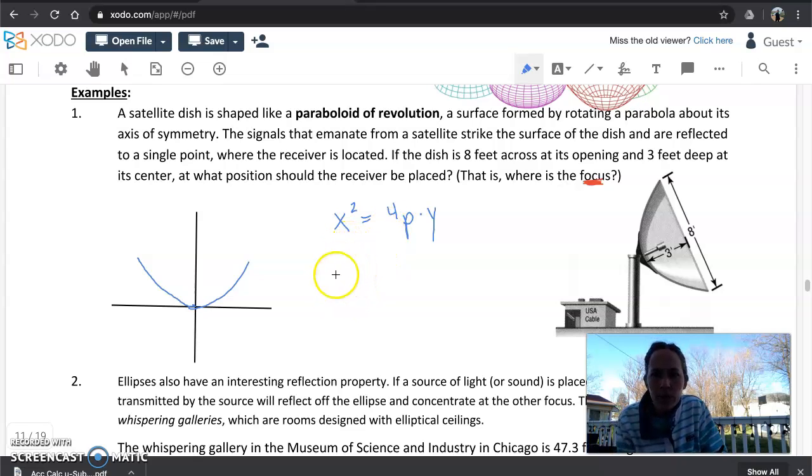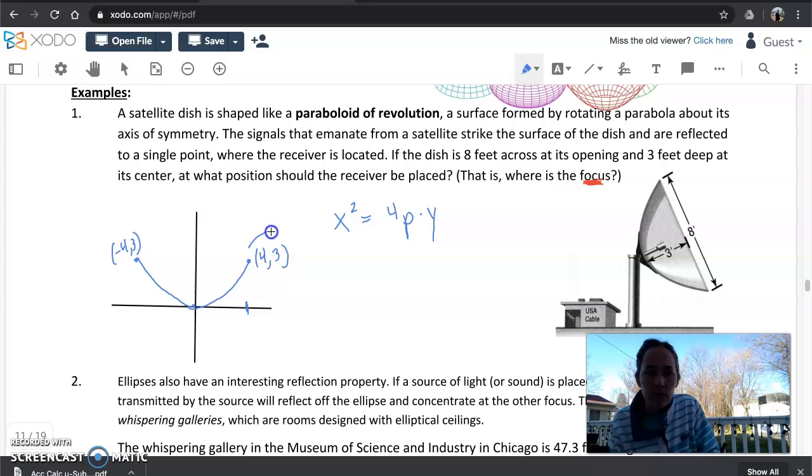What do we know? We know a couple points because of symmetry. We know a couple points on this parabola model, right? The whole width of that satellite dish is going to be 8 feet. So going over halfway is going to get us to 4. And coming up, on the axis of symmetry, we can be 3 units up. So you have by symmetry actually 2 points on this parabola.